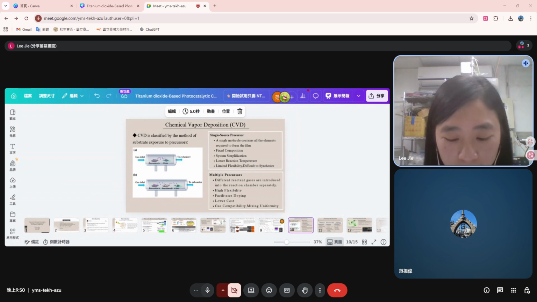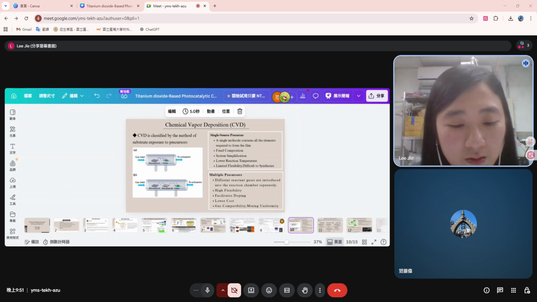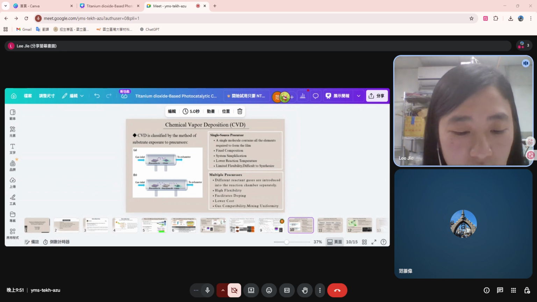Based on the type of precursor used, CVD can be categorized into the following two major classes: single source precursor and multiple precursors. Single source precursor. A single molecule contains all the elements required to form a film.